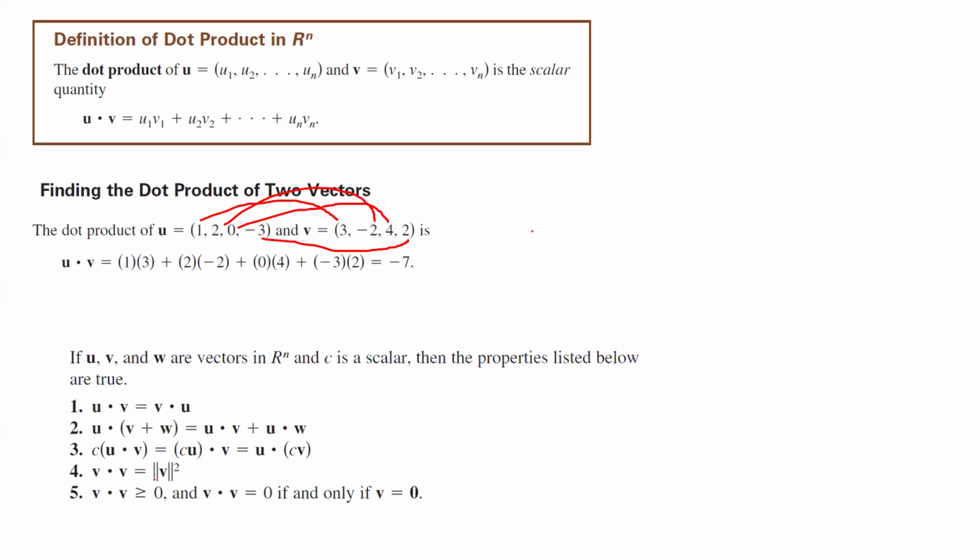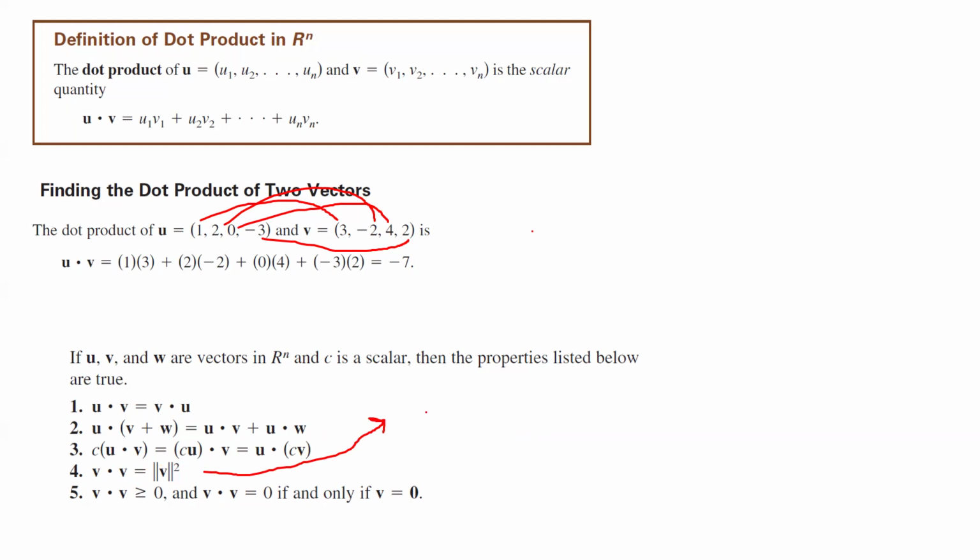And finally, one important property that we learned in calculus: the dot product between v and v is equal to the magnitude of v to the second power. How do we see this? This should be very easy for you.